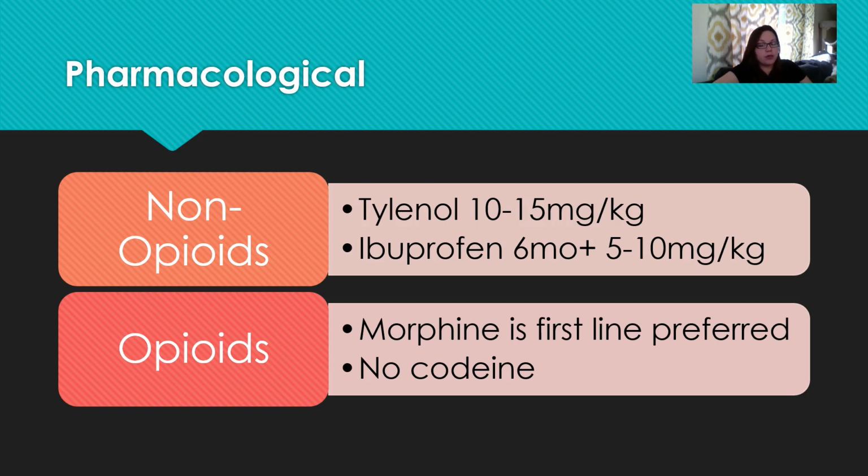And those pain crises are so painful for those guys. Distraction, you can try, but it's not really going to be the first thing that's going to work. You've got to get that pain medication on board to take the edge off, to then try to use some of those other techniques. And that's where something like an opioid would be your first line versus trying to do the non-pharm first.